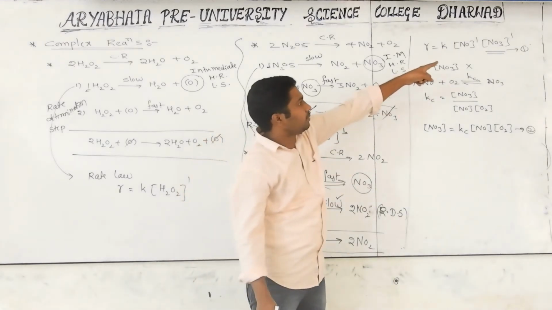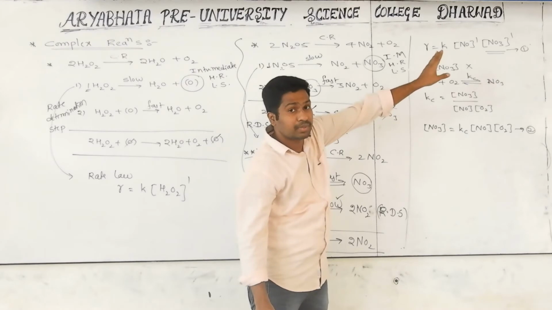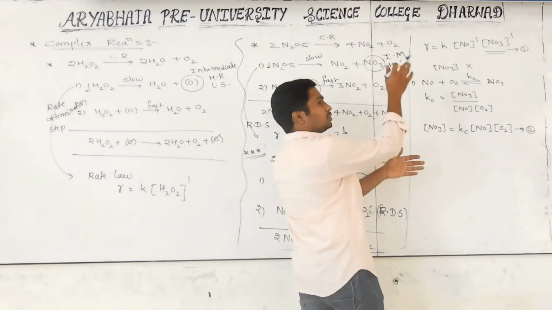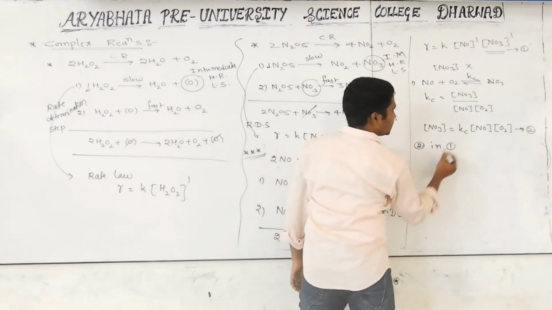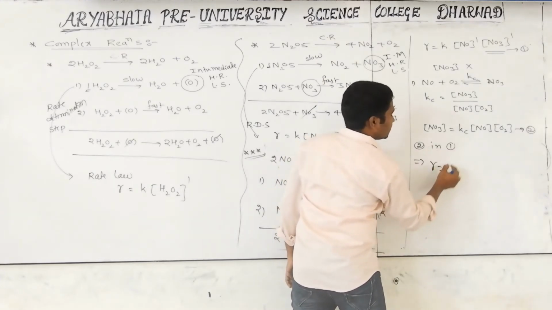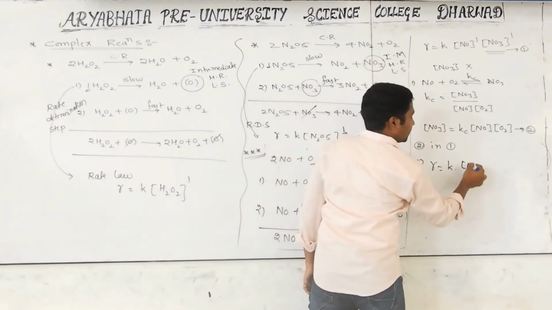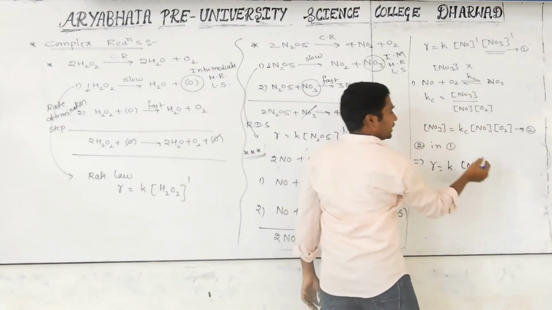We should not stop there because finding the concentration of an intermediate is highly difficult. That's why the terms have to be converted into stable chemical concentrations. That's why substitute 2 in 1. In equation 1, then what is coming? R is equal to some rate constant into NO power 1. No problem here. But instead of NO3, what can be written?